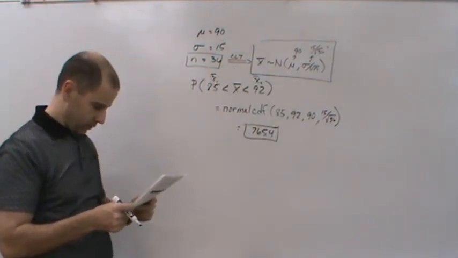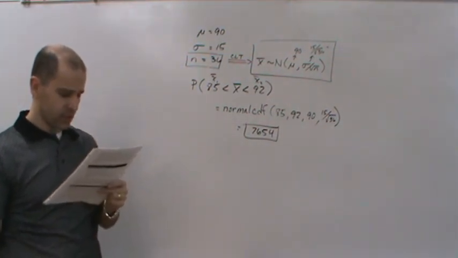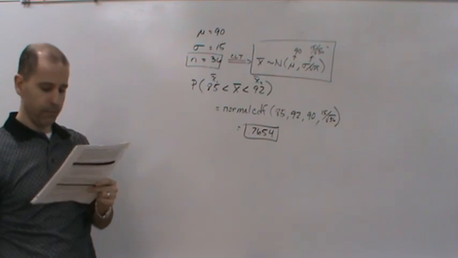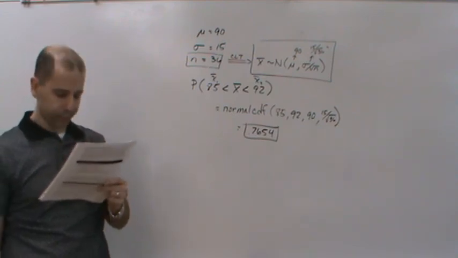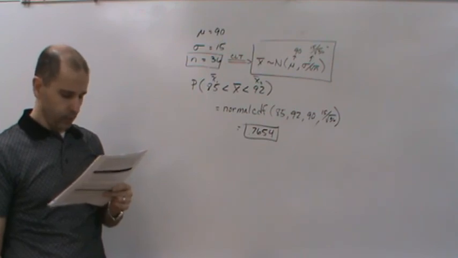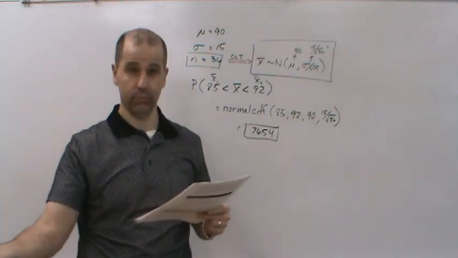Okay? So now, part B says find the value that is 2 standard deviations above the expected value of the sample means. So in other words, find the value that is 2 standard deviations above the mean. What mean?